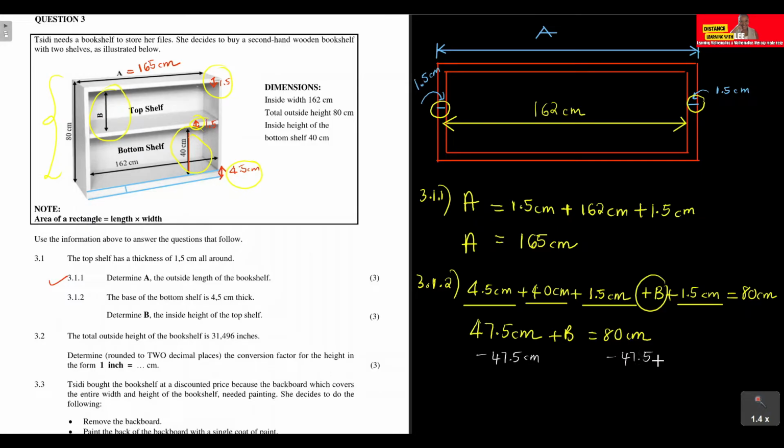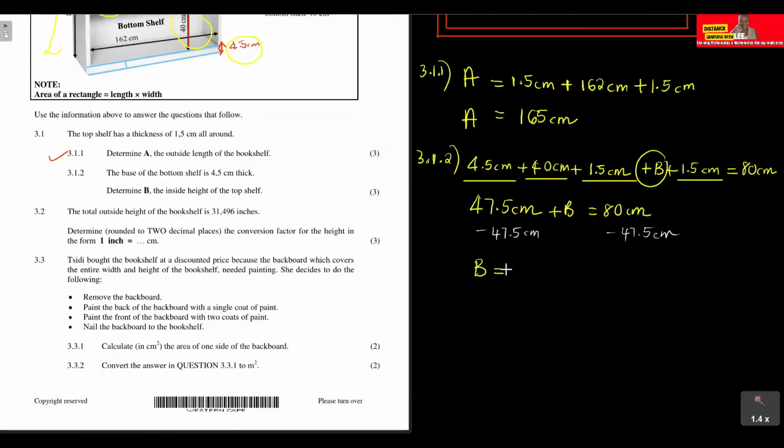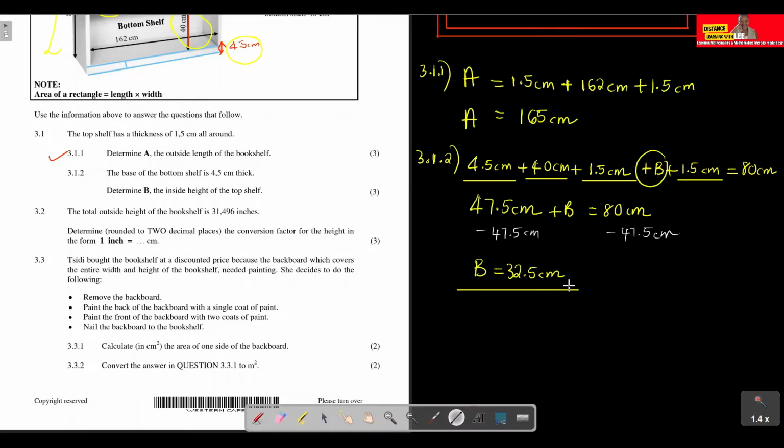Therefore, B is equal to 80 minus 47.5, which is equal to 32.5 centimeters. That is the value of B. Cool stuff, so we have completed question 3.1.2.